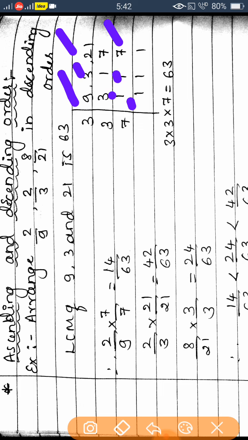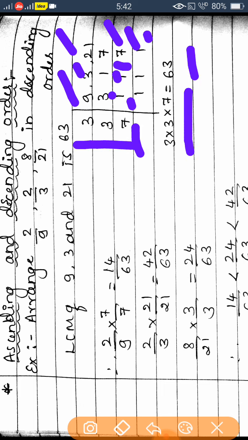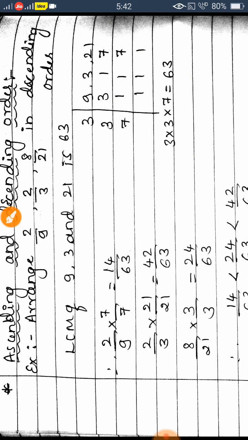Again by 3, 3 ones are 3, 1 as it is, 7 as it is, because it will not go. Again from 7, 7 ones are 7. So multiply these: 3 into 3 into 7 is 63. So 63 is the LCM, so write the equivalent fractions of 2 by 9, 2 by 3, 8 by 21 separately, getting 63 as the denominator.